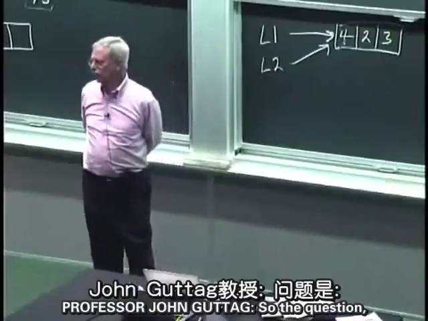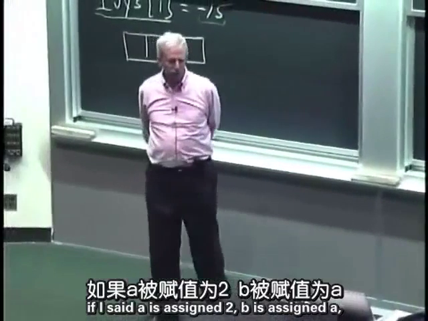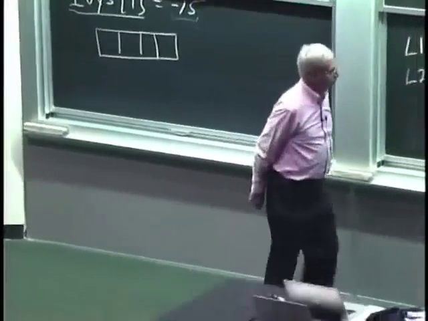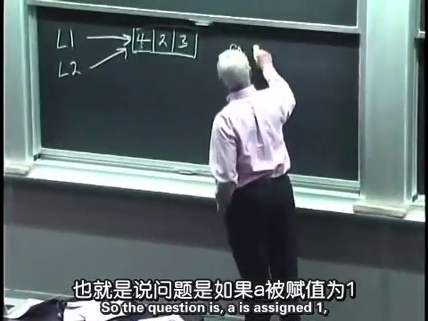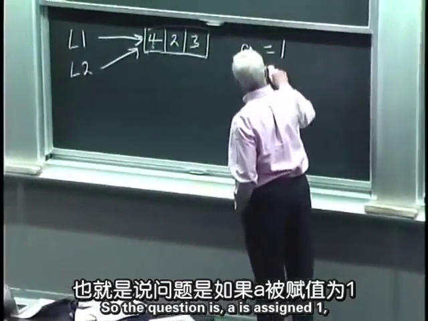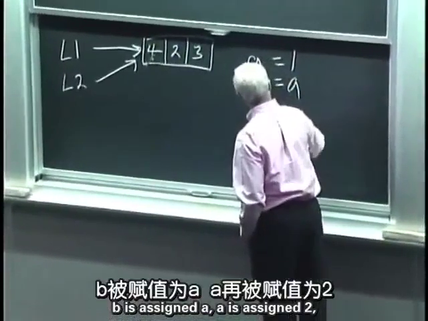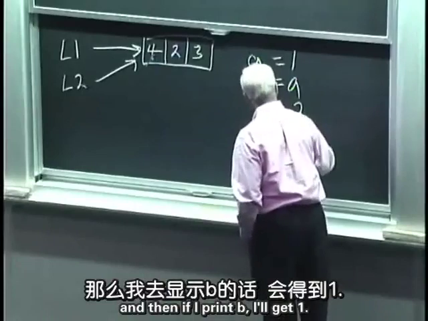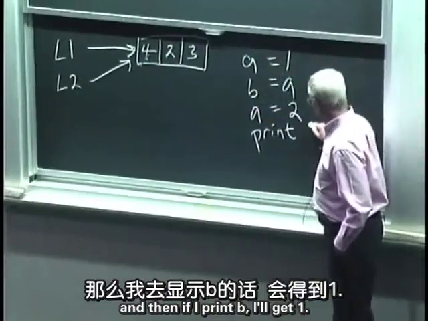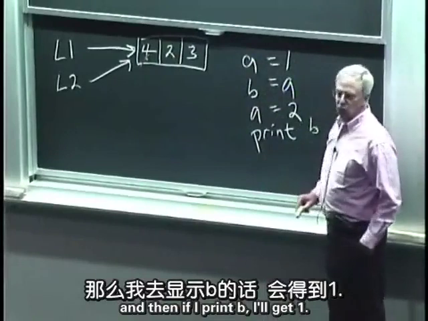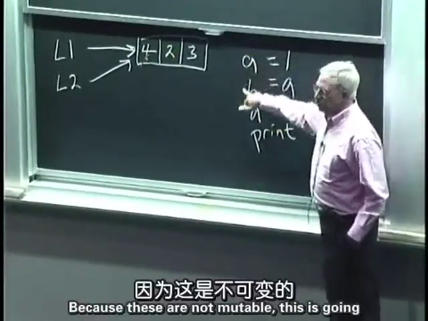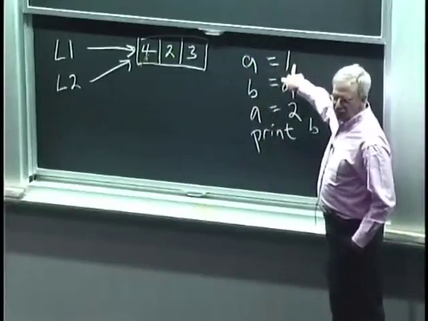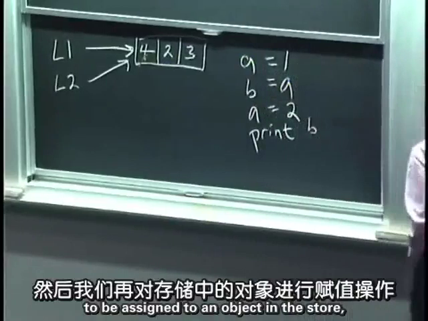So the question is, A is assigned 1, B is assigned A, A is assigned 2, and then if I print B, I'll get 1. Because these are not mutable, this is going to be assigned to an object in the store.